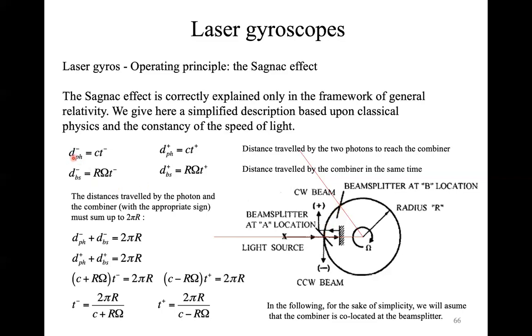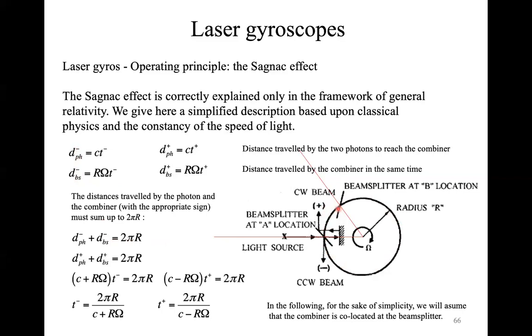So dph minus plus dbs minus is equal to 2 pi r. Same story for the signal that is moving clockwise, because the signal is moving in this direction here, and the detector is also moving in this direction.